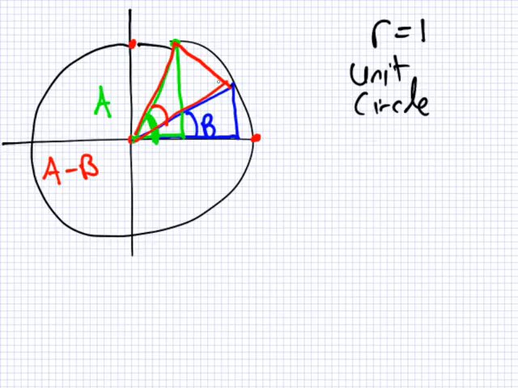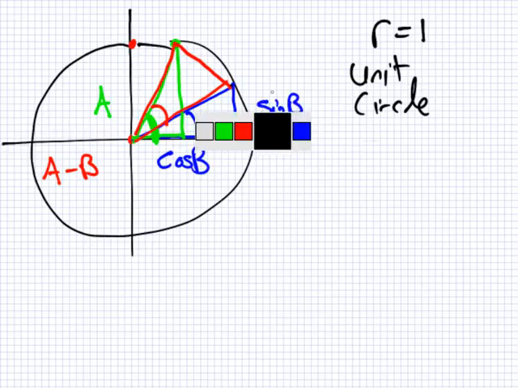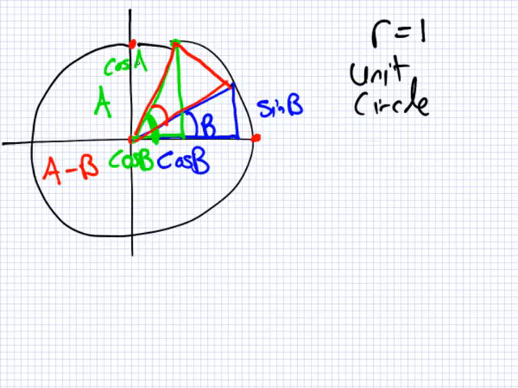And if the angle is B, how big is the base here? 1 cos B. And then this one here? Sin B. And then I can do the same thing with the green one. So I get cos A and its height, sin A. Okay? We're okay so far? Yes? Okay.